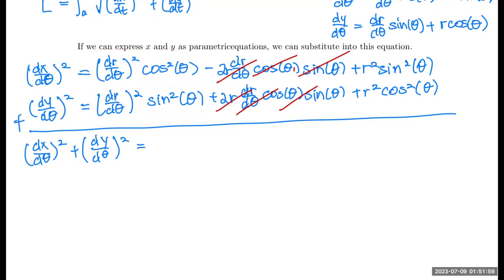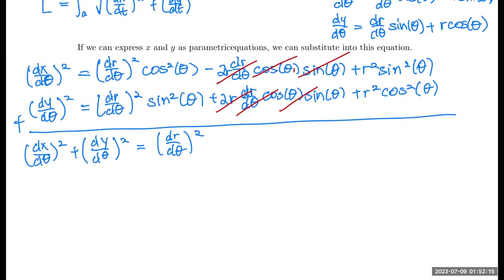And then this one, same thing, we would just get the r squared, because this and this is going to equal 1 if we add them together. So that's going to be plus r squared.